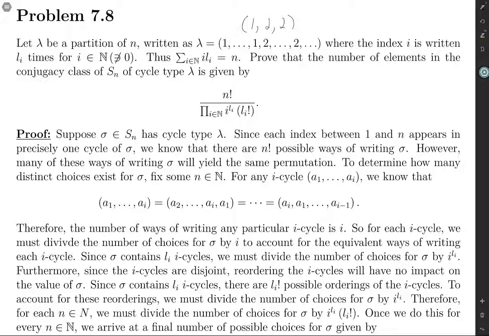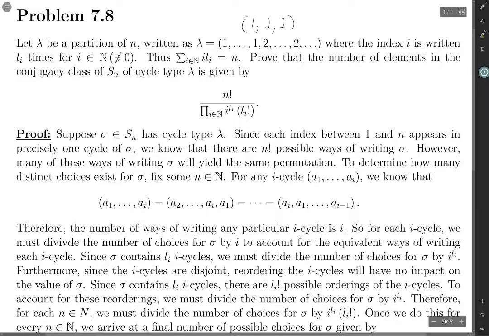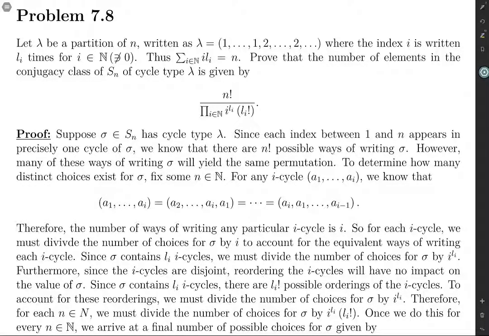We've talked about this before, how these are precisely the conjugacy classes. And of course we think of these conjugacy classes as partitions by considering the cycle types.